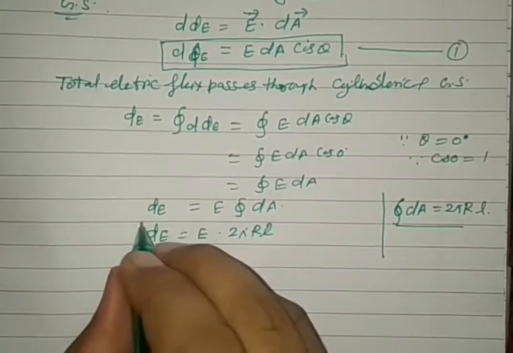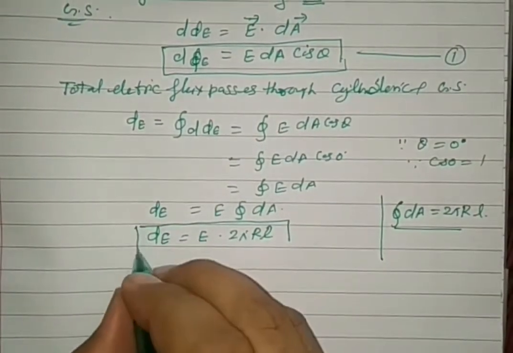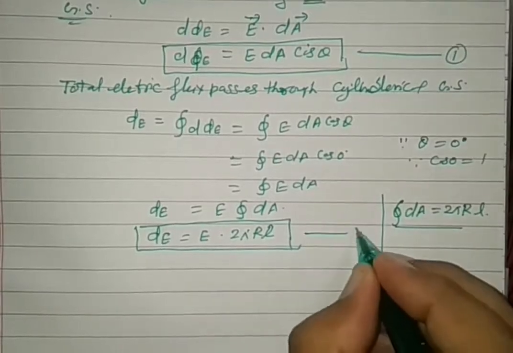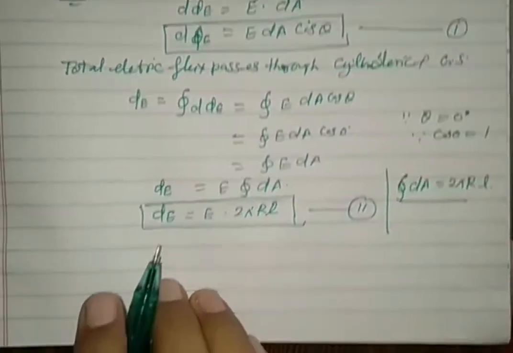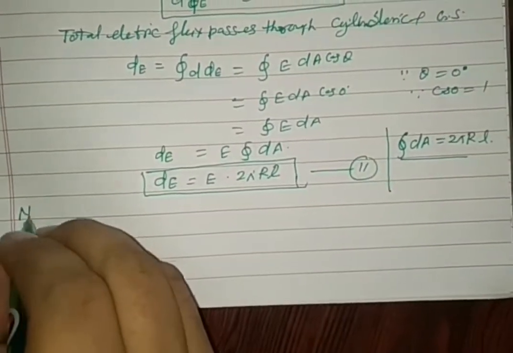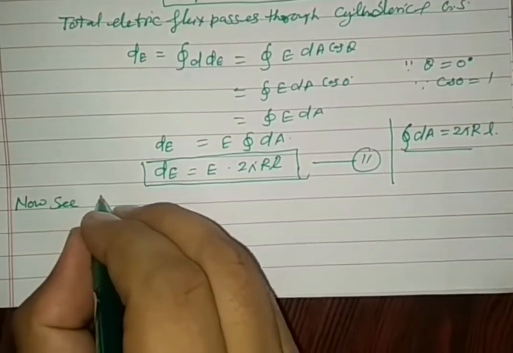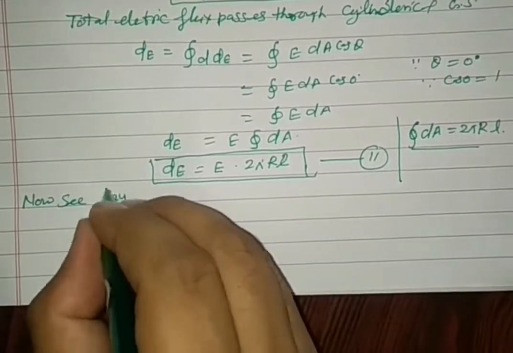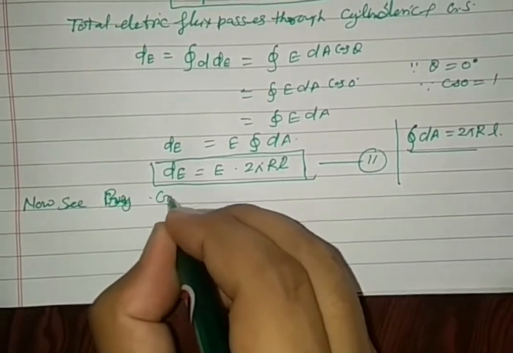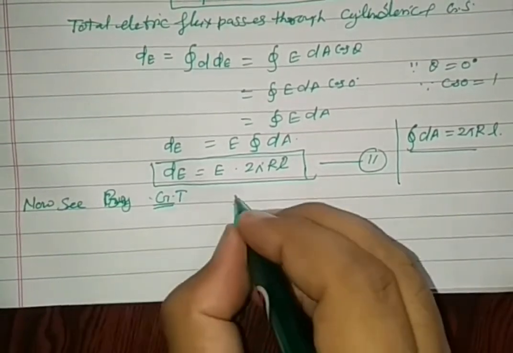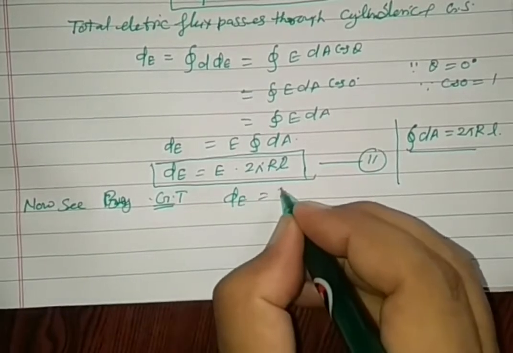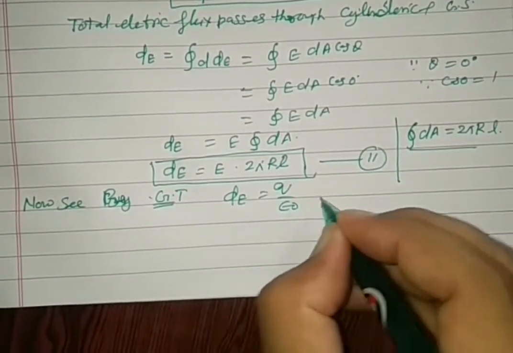Here we are going to represent it by equation number 2. Now see, by the statement of Gauss theorem, total electric flux is Q by epsilon naught.